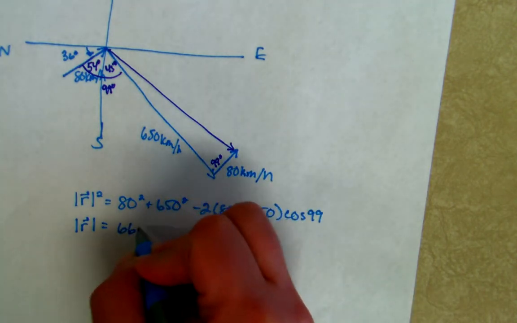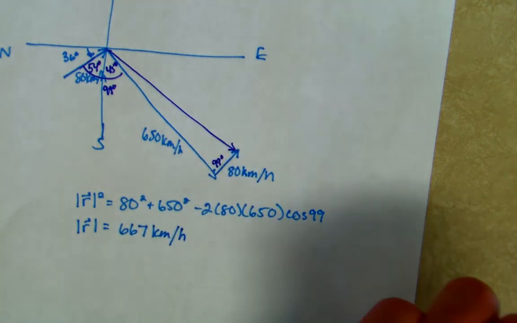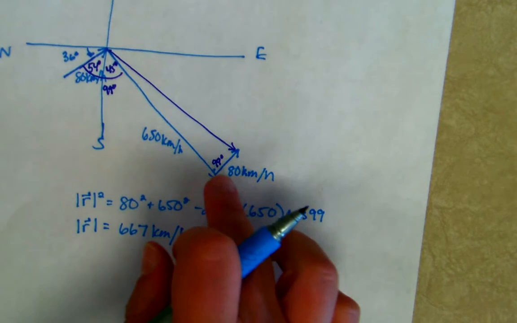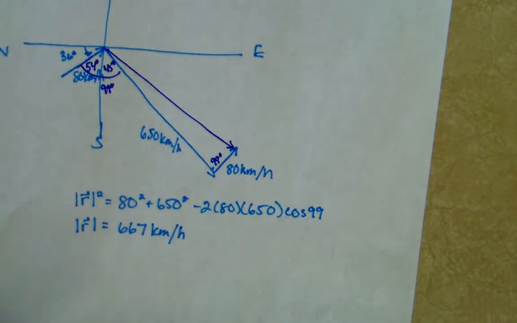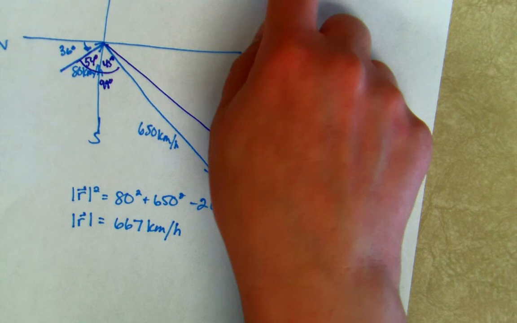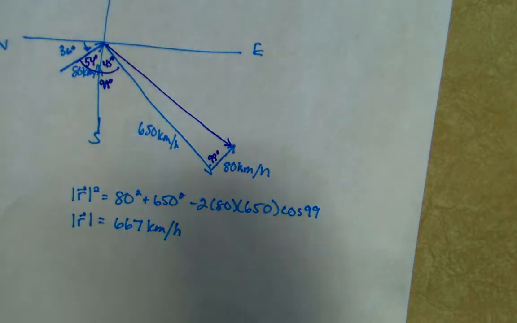And it's 667 kilometers per hour. So the wind is actually working with the plane to speed it up in this direction. But the ground velocity of the plane, I have the magnitude. Now it's asking in what direction is the plane actually traveling.